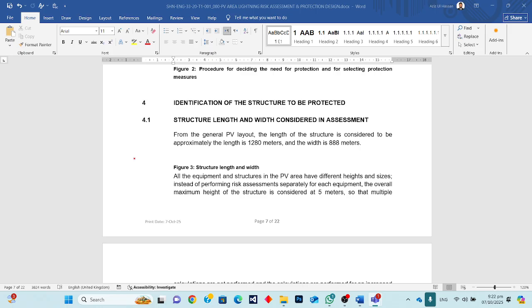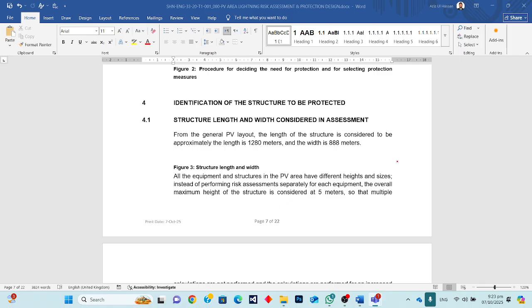In the solar power plant, the maximum height is the MV station at 5 meters, or the weather station height. We have considered that one, because the others are lower than this value. Weather station height is 5 meters, MV station is 4 meters.